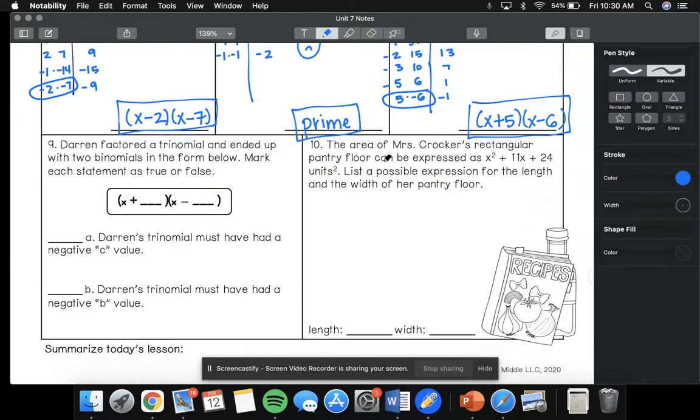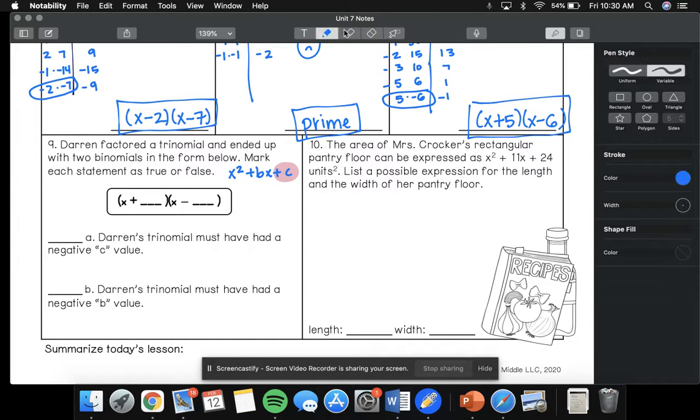Okay. Darren factored a trinomial and ended up with two binomials in the form of x plus something times x minus something. Mark each statement as true or false. Darren's trinomial must have a negative c value. So again, it's asking about this last term.